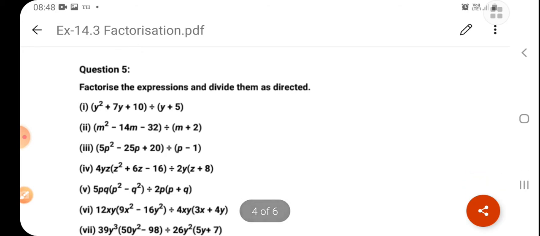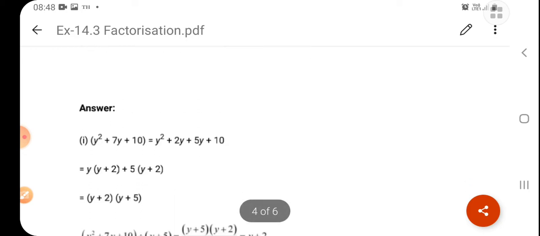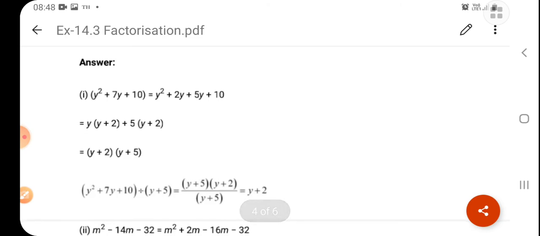Factorize the expressions and divide them as directed. So we have to do the factorization first. We will do factorization by middle term splitting here. y square plus 7y plus 10 is y square plus 2y plus 5y plus 10, and y is taken common, y into y plus 2 in the bracket plus 5 into y plus 2.